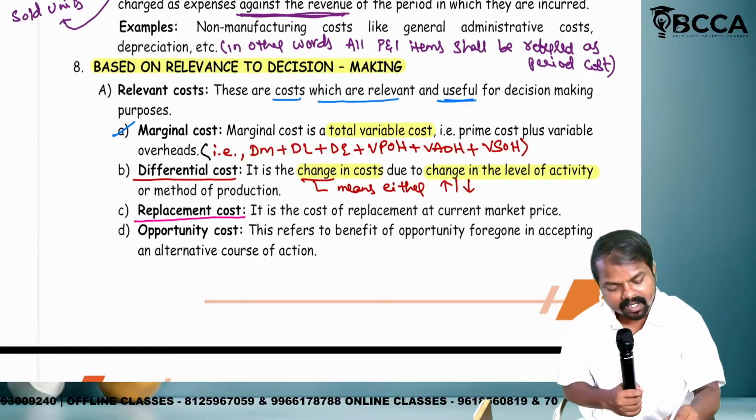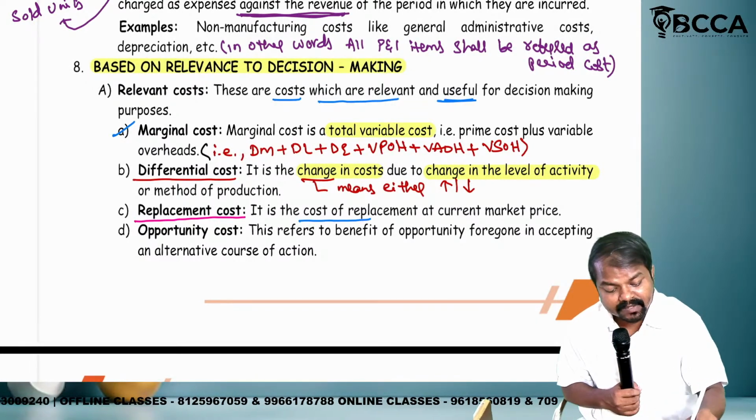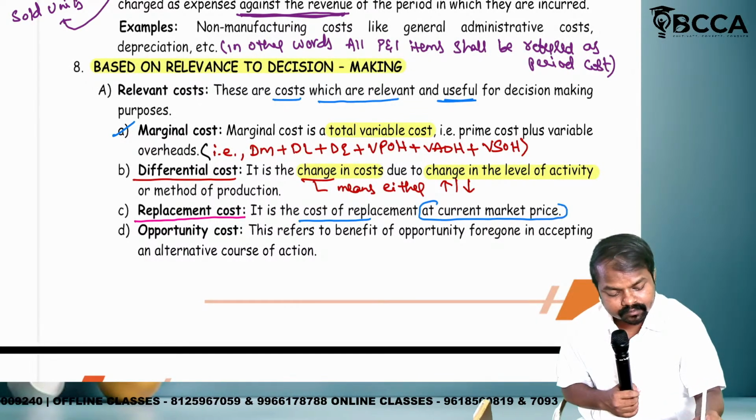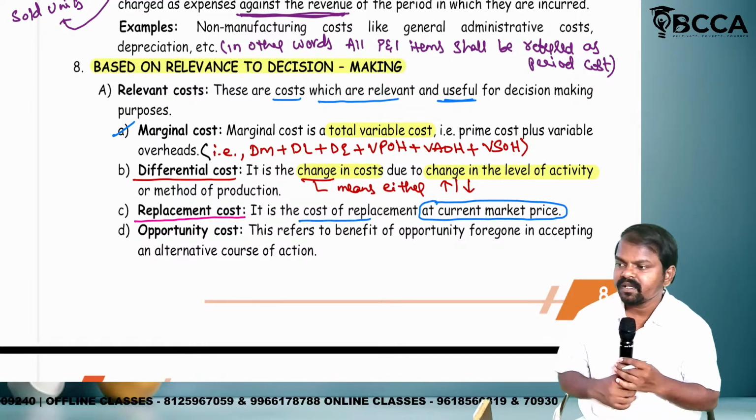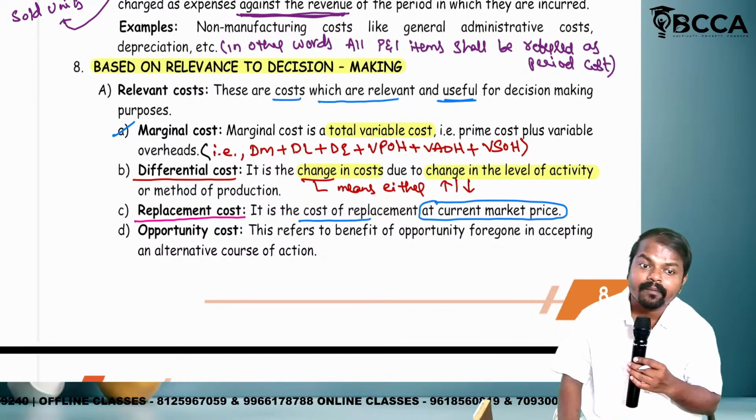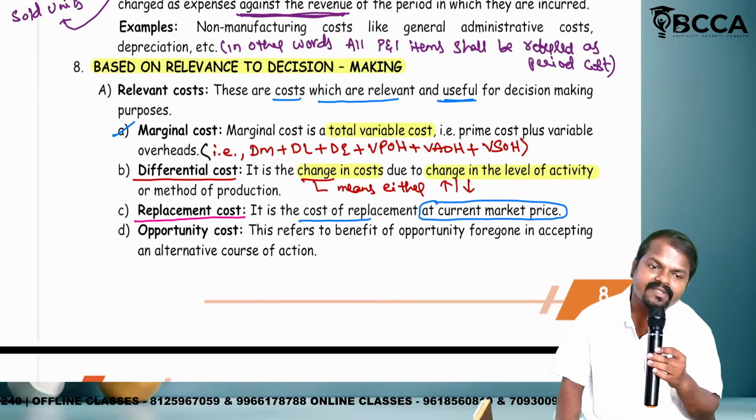Now check the concept book. What is a replacement cost? Cost of replacement at current market price. 6 lakh, 9 lakh is called current market price. Listen carefully.